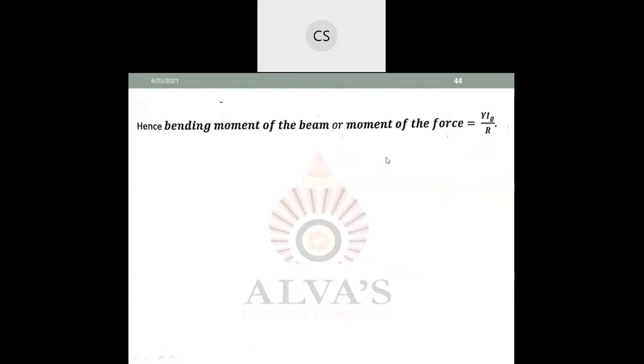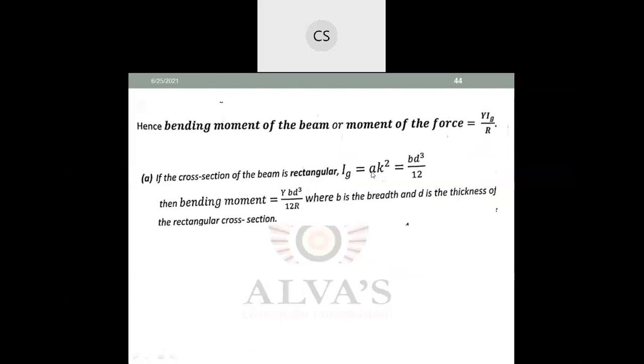Then we can think of different cross sections for the beam. There are two cross sections possible: one is a rectangular cross section, another is a circular cross section. If it is a rectangular cross section, then Ig, which is A k square, is nothing but b d cube by 12.